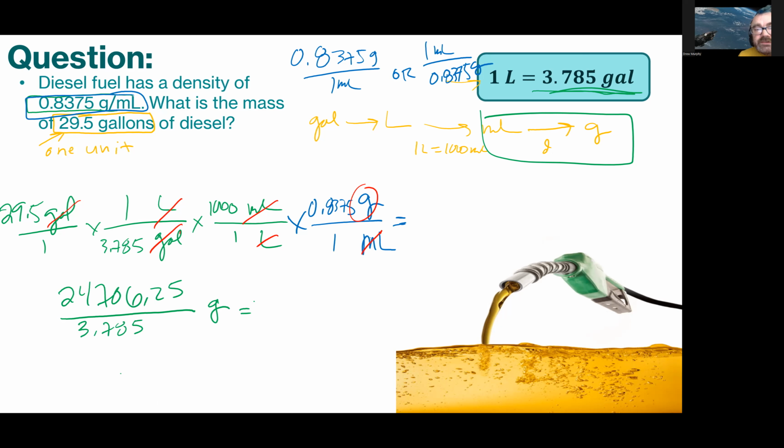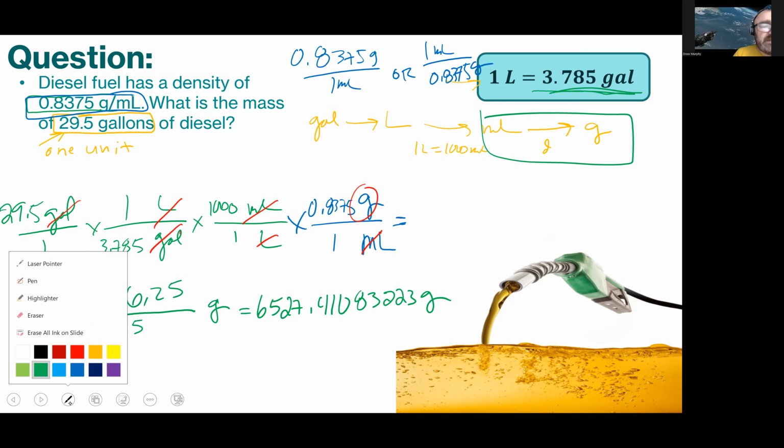Then we're going to divide those two things. That number divided by 3.785 is 6527.41083223 grams. All right, now we have to worry about significant figures.